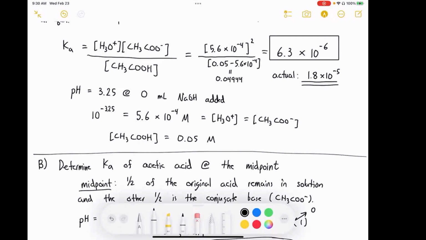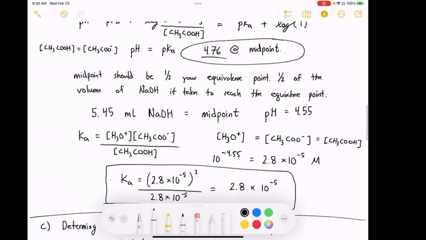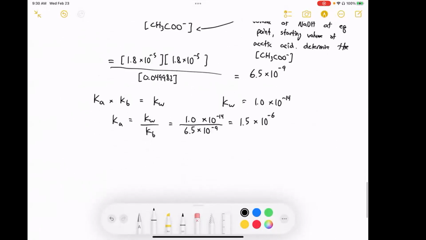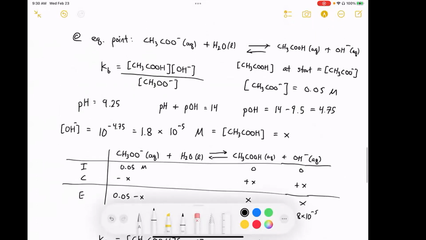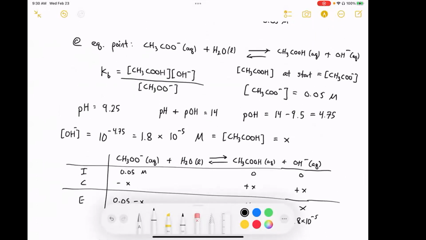So we were close, but these values were made up. So what you would do is use the actual pH at the equivalence point to determine your values.